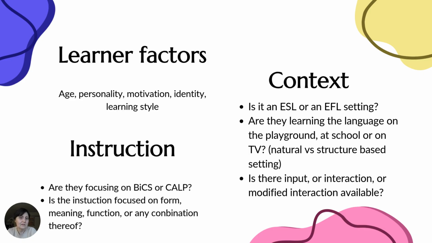And also, is there input, interaction, or modified interaction available? How are the sessions structured? This is why I always encourage you to ask each other that kindergarten learning and kindergarten content area learning is very different from high school.